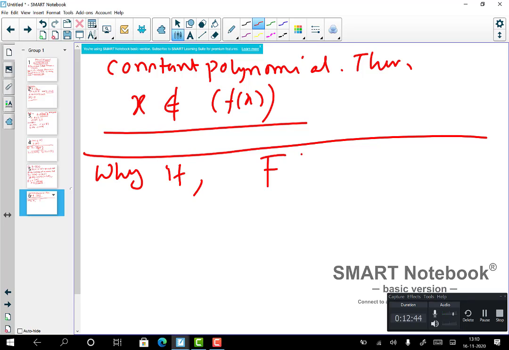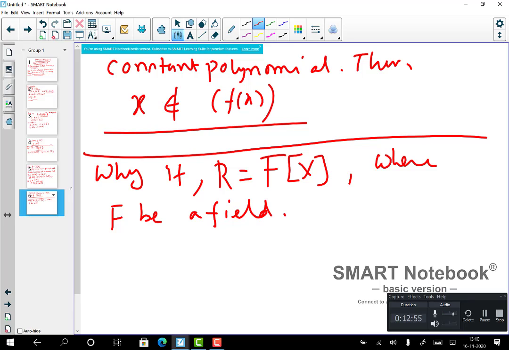Say R equal to F[x], where F is a field. In that case, actually, the answer is yes. F[x] is a principal ideal domain. In fact, it is more than a principal ideal domain. That we will prove when I discuss something called a Euclidean domain. But just take it as an example.